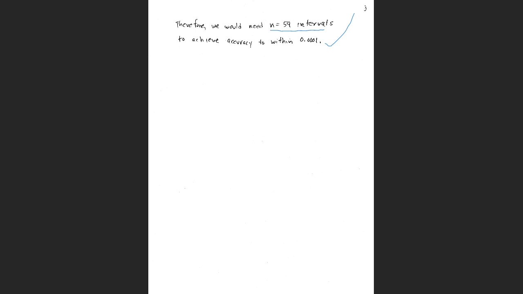So you see, you get more accuracy, but the price is you have to do more computing. And of course, if we were programming a computer to do this, you would be using more computing time. So it's really important sometimes to ask, how much accuracy do I need for my approximation?